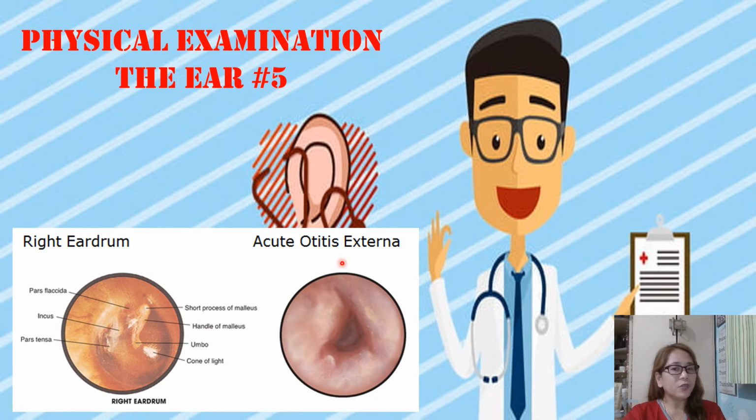Okay, so acute otitis externa, which is a common condition involving inflammation of the ear canal. So the acute form is caused primarily by bacterial infections with Pseudomonas aeruginosa and Staphylococcus aureus, which are the most common pathogens.